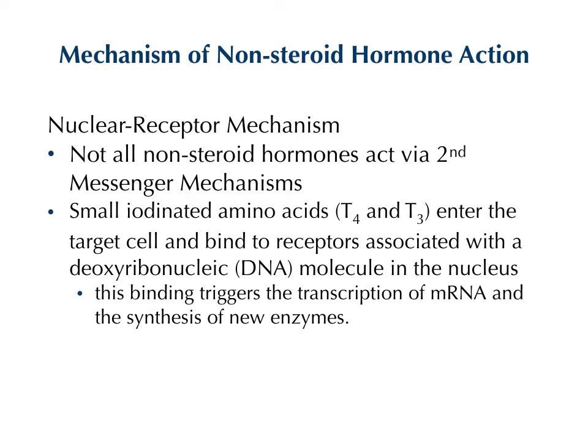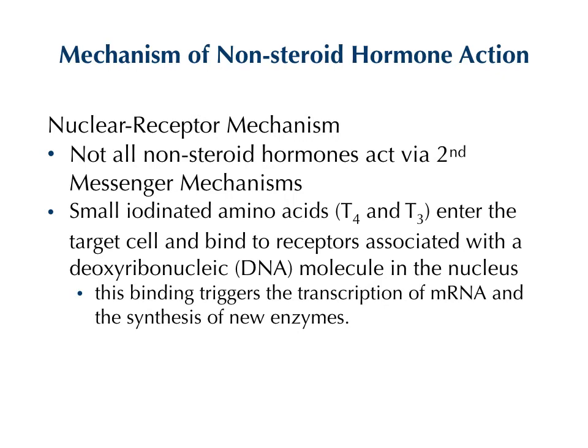Formation of a hormone receptor complex will trigger transcription of mRNA and the synthesis of new enzymes in a signal transduction system that is similar to the steroid reception. And we'll learn more about this in the next chapter, chapter 26.